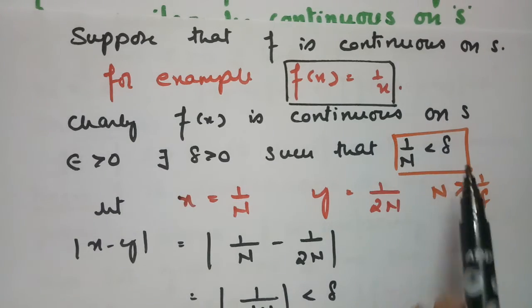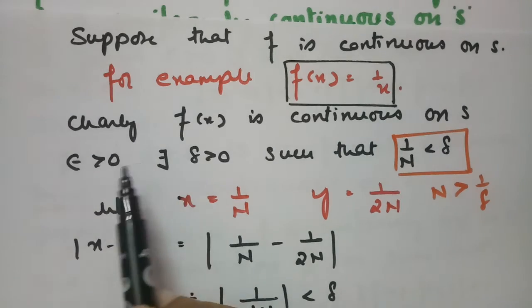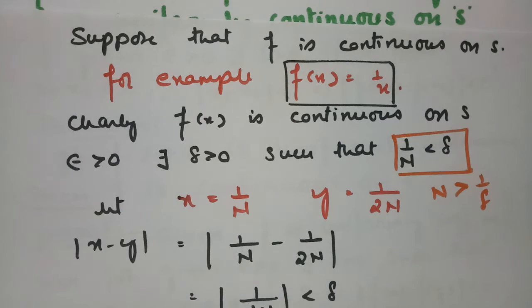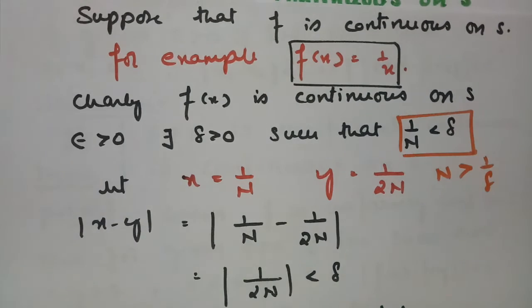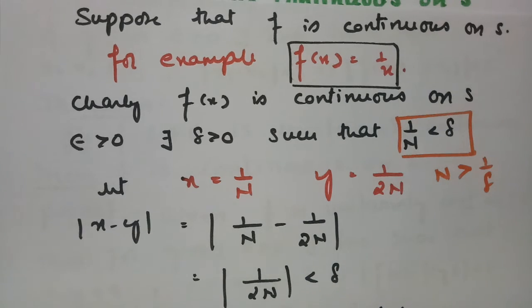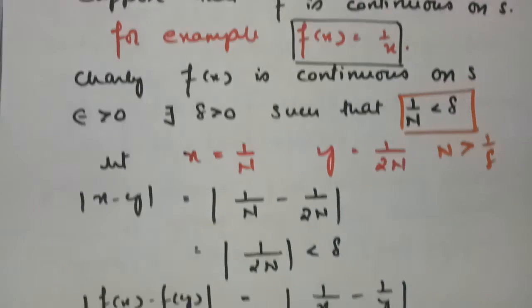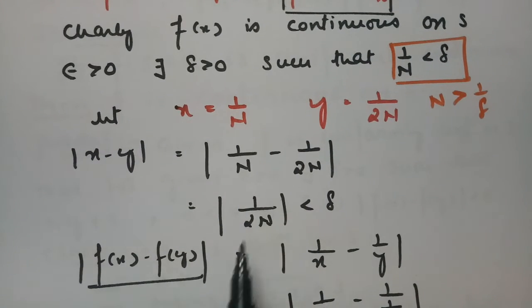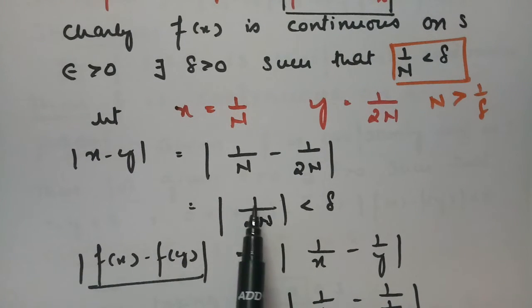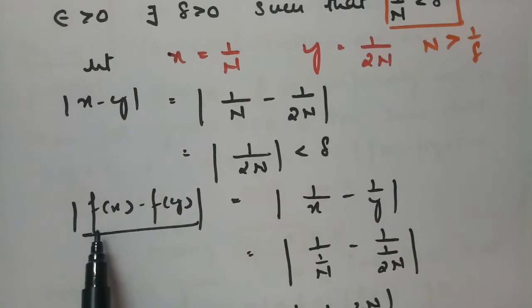According to continuity, I took epsilon positive, delta positive such that 1 by n is less than delta. I chose x as 1 by n and y as 1 by 2n, so 1 by 2n is less than delta. Again, according to uniform continuity, I have to consider modulus of f of x minus f of y.